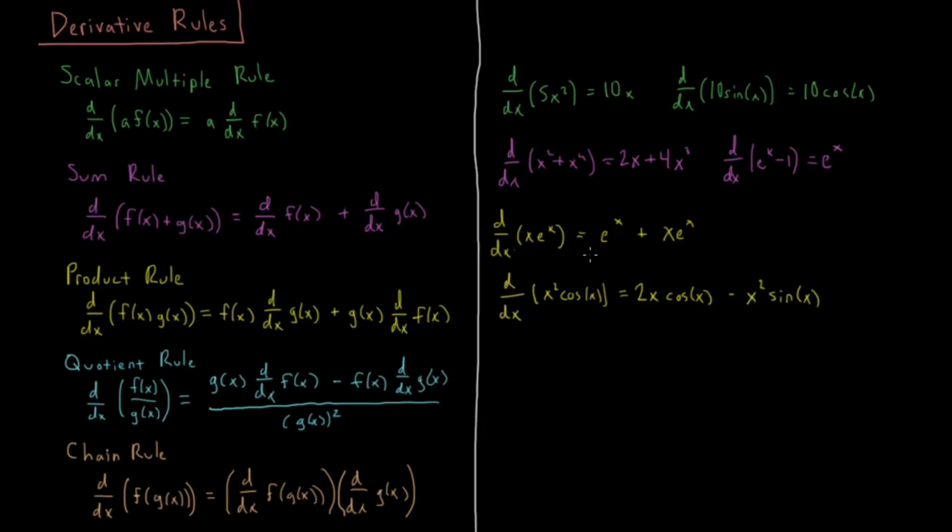All right, for quotients, let's do a quotient here, d dx of 2x over x squared minus 1. That is going to be equal to, the derivative of the numerator is 2, times the denominator x squared minus 1, minus the numerator 2x times the derivative of the denominator, which is going to be 2x, divided by denominator squared, x squared minus 1 squared.